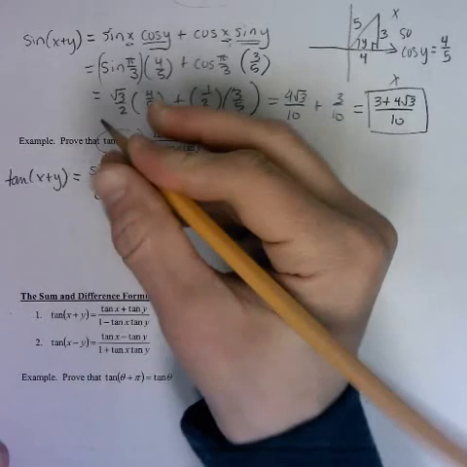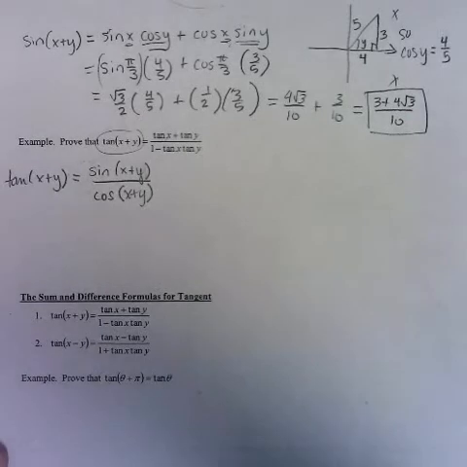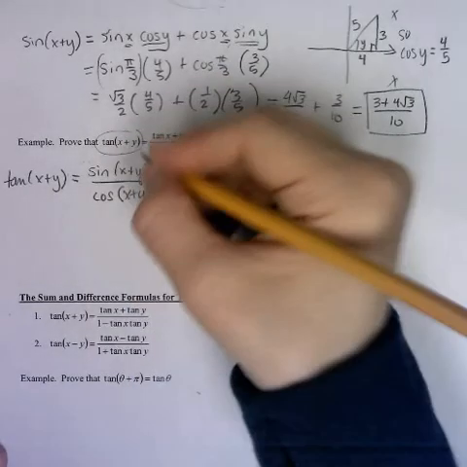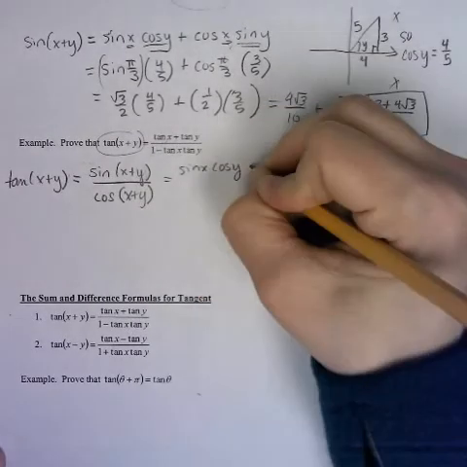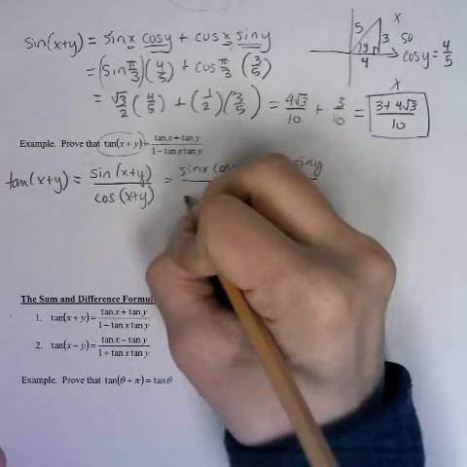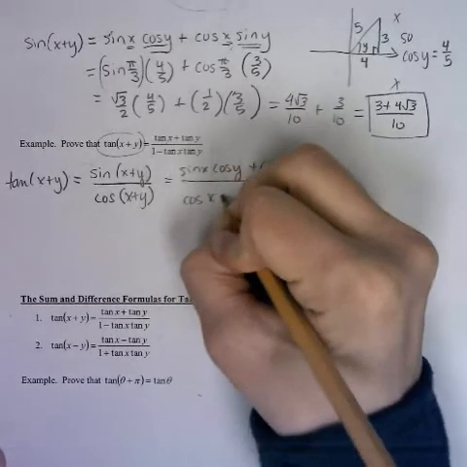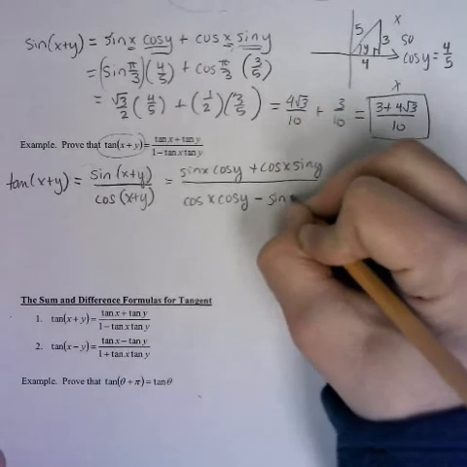So like I said, we actually apply the sine and cosine formulas for addition, or for a sum. So this is sine x cosine y plus cosine x sine y over cosine x cosine y minus sine x sine y. So those are just our formulas.